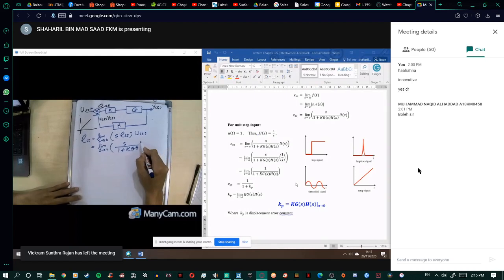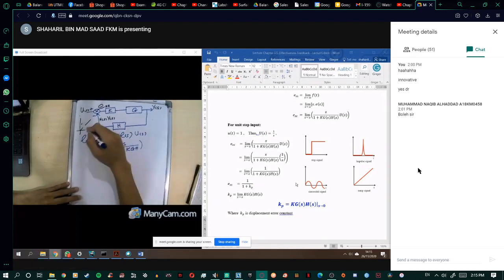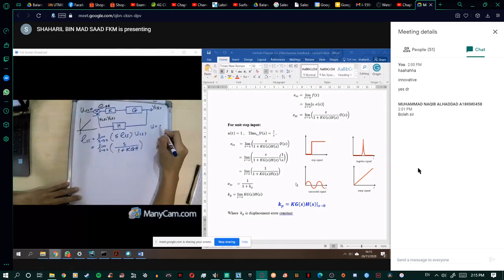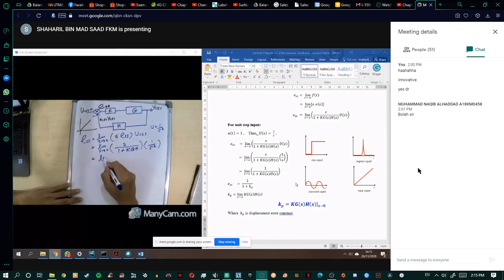And U(s) for the ramp input is equal to 1 over s squared. So here we get the limit s going to 0 of 1 over s times (1 plus KGH).